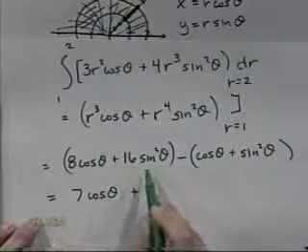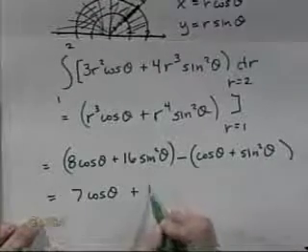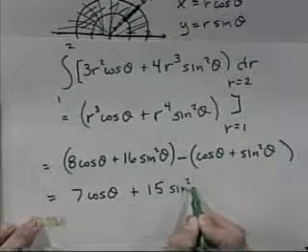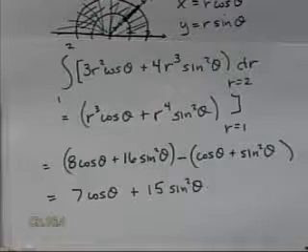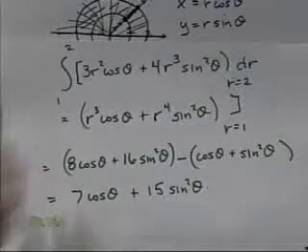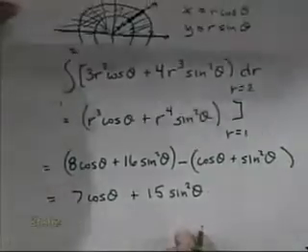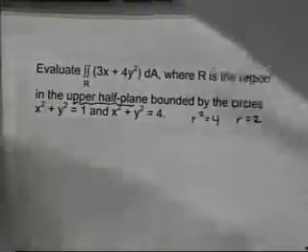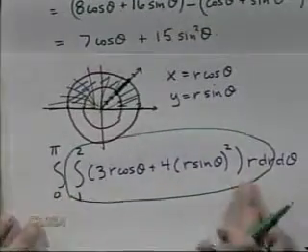And 16 sine squared minus sine squared is 15 sine squared theta. Okay, we're doing all right? So that's my inner integral. All right, now I'm ready to take that and plug it in to this integral right here.